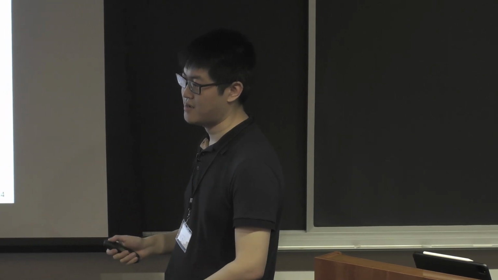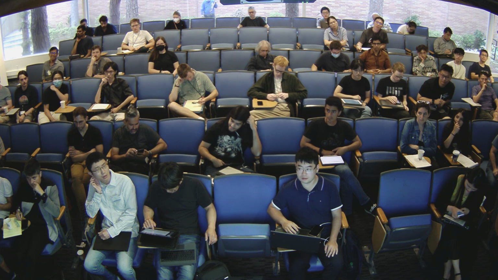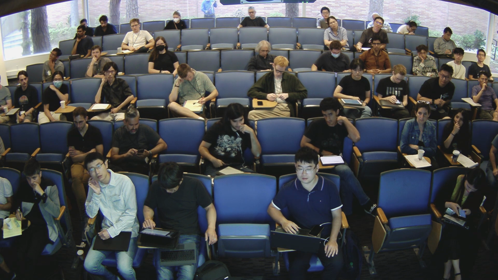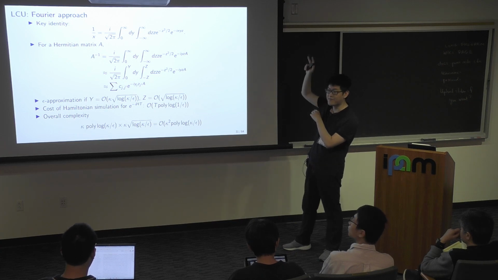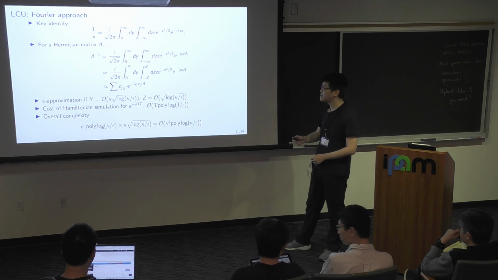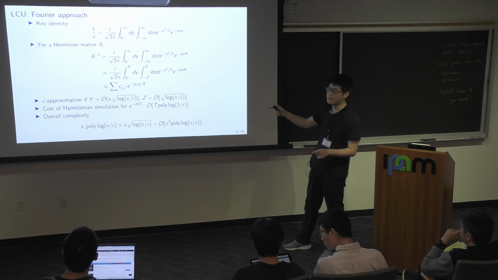But then how do you approximate it away from the kappa? We just use the same formula, but we have to choose the truncation order to be higher. The original identity is true for all x not equal to 0, so the effect of the condition number only affects the truncation order.